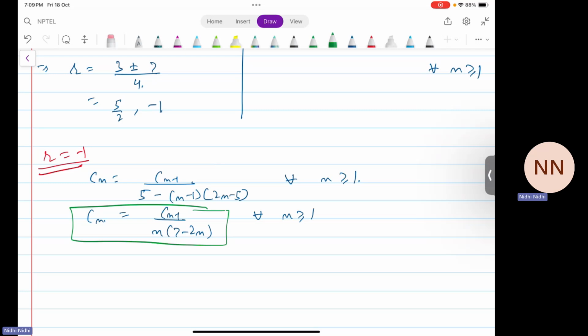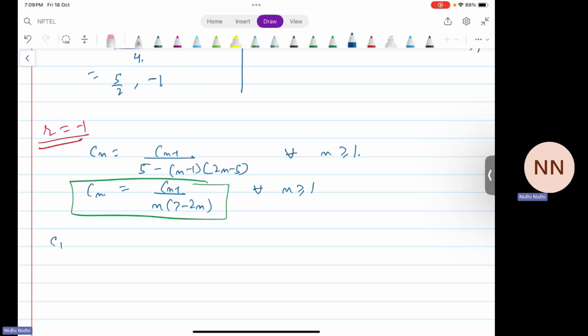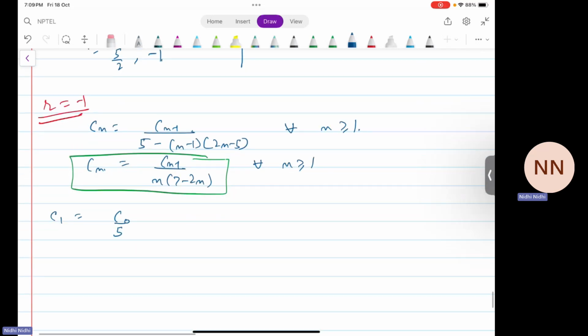So this will give us C1. These are just basic calculations, you can simply compute them. C1 equals C0 by 5, C2 will turn out to be C1 by 6, which is basically C0 by 30, and so on.